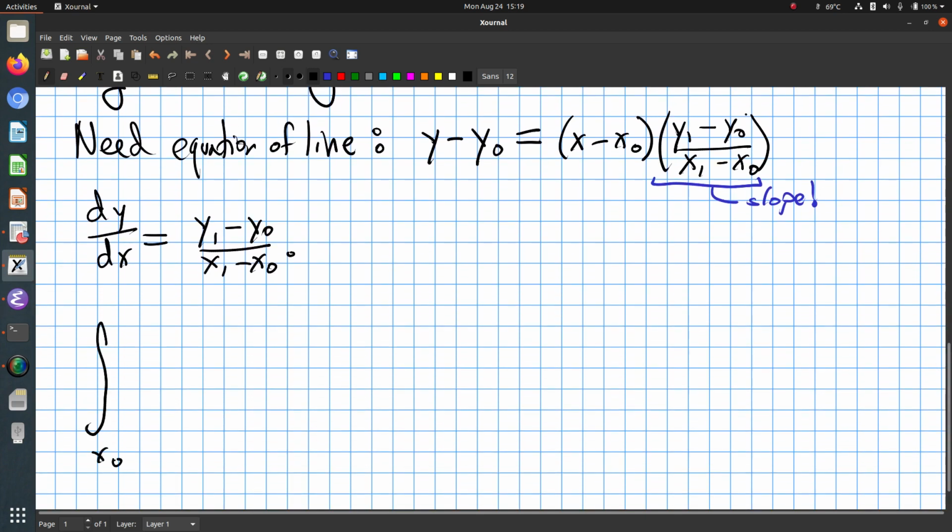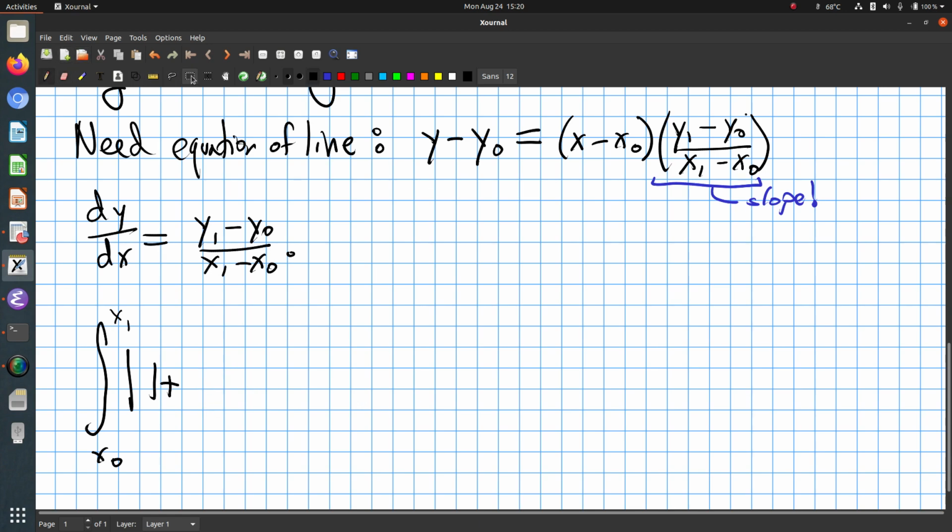Okay, so moving right along, integral from x naught to x of square root of 1 plus... oh, whoops. I just need the slope here. My bad, my apologies.